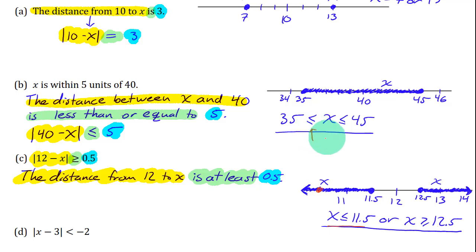In this case up here, in order for x to be in this set we're talking about here, both must be true. So you can't just have anything greater than 35, for example. Like 46, for example. 46 is greater than 35, so it would make the first part true, but 46 is not less than 45, so you can't count the 46. So this is why both of these things have to be true. Here, at least one of these must be true. That's what the or means.